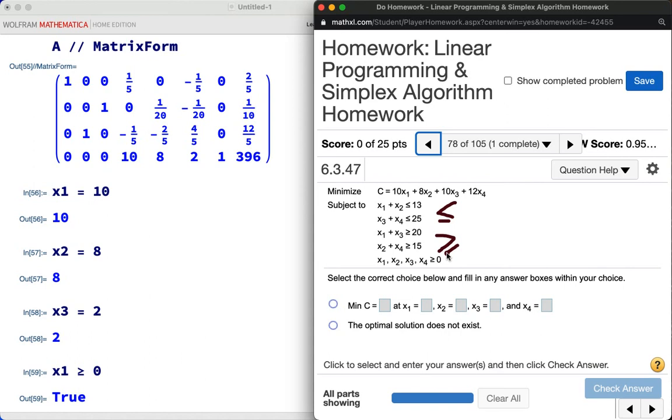So in our next video, we're going to start with problem 78, because it uses a mixture of two different constraints. That's unusual because so far we haven't seen that. So in the next video, we're going to look at problem number 78 in the current homework assignment.